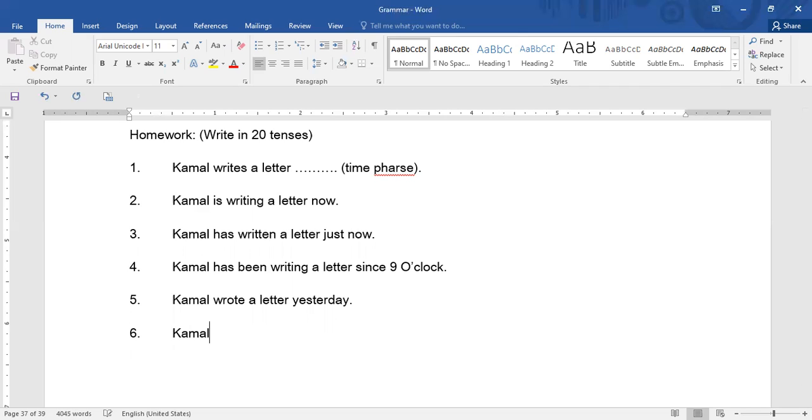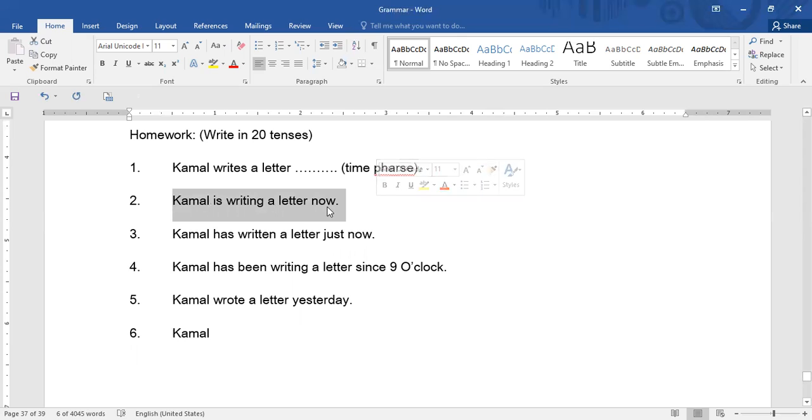Kamal had been. Past continuous now. If you begin with the past continuous, you should prefer the present continuous. The helping verbs only change into the past form. So present continuous, what is the present continuous?